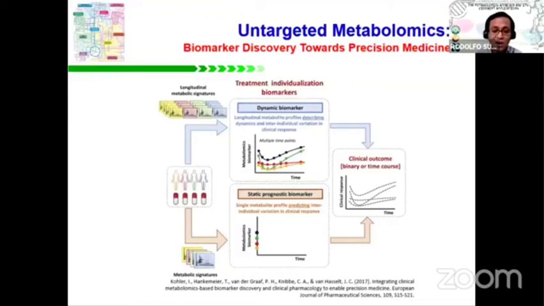In fact, the biomarkers form the cornerstone of the treatment individualization in personalized medicine. That is the goal. You need to individualize the biomarkers for the diagnostic of diseases and also assessing response to various treatments or therapeutic intervention.